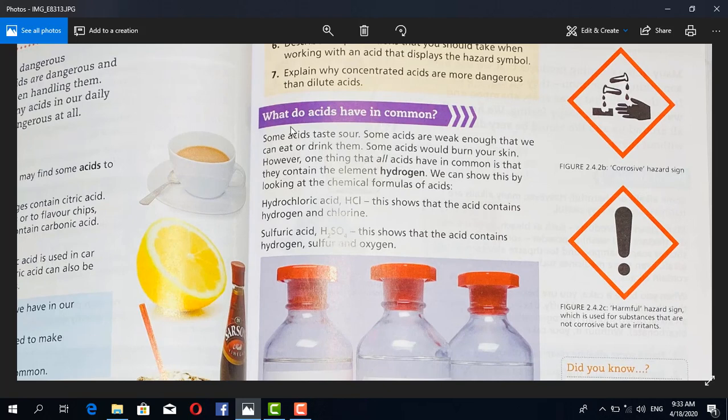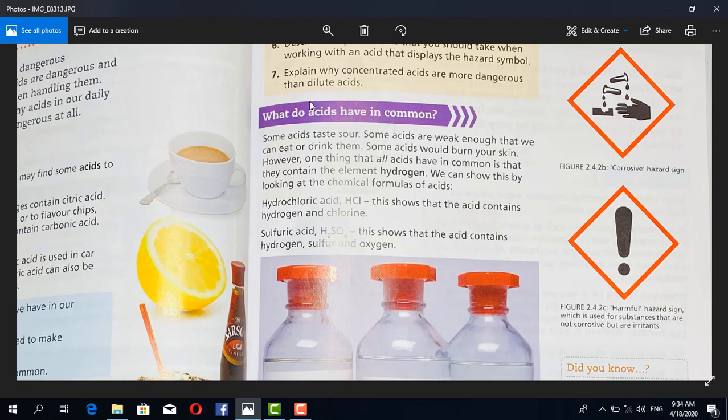What do acids have in common? This was a question before in your tests. Okay, we all agreed that whenever I add vinegar, or drink fizzy drinks, or squeeze a lime on my salad, or even just dip it into sugar and lick it, I will still get that stingy, sour taste.